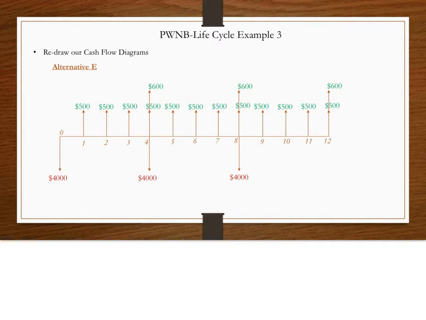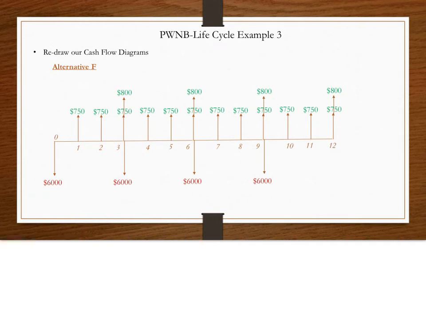We can simplify this by combining the salvage price and the capital costs at years 4 and 8 to get a net of $3,400. We don't include the $500 at year 4 and 8 in that net because we want to keep it as a continuous 12-year series. Now we only have to convert the annual series, $3,400 at years 4 and 8, and $600 at year 12 to present worth.